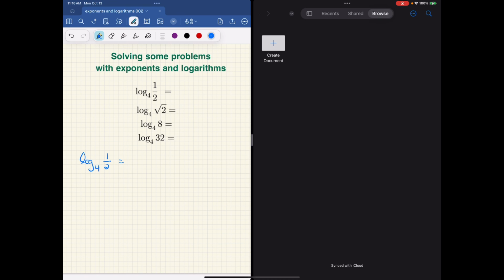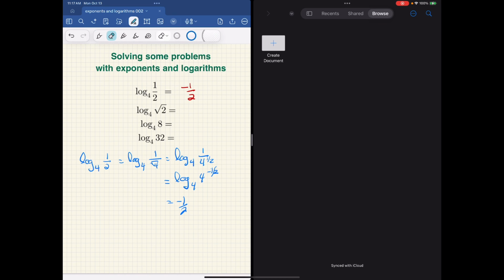And we'll note that that is the same as log base 4 of 1 over the square root of 4, which is log base 4 of 1 over 4 to the 1/2, and that is log base 4 of 4 to the minus 1/2, and that just equals minus 1/2. So log base 4 of 1/2 equals minus 1/2.